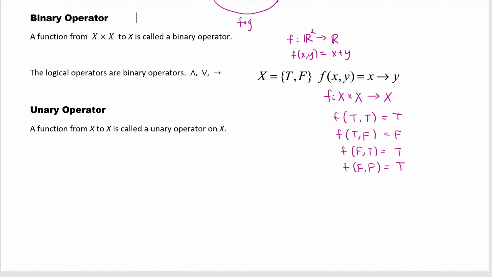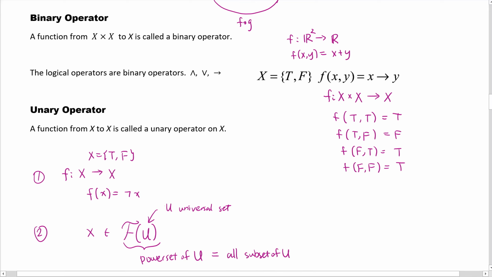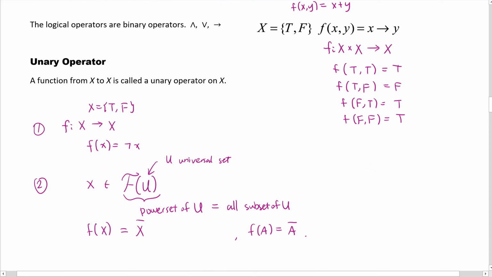Let X be in the power set, so this is the power set of U. That means it's the set of all subsets of U. Then we can define f of A to be the complement. Then f of A, the complement, is still a subset of U. So far so good, everybody?